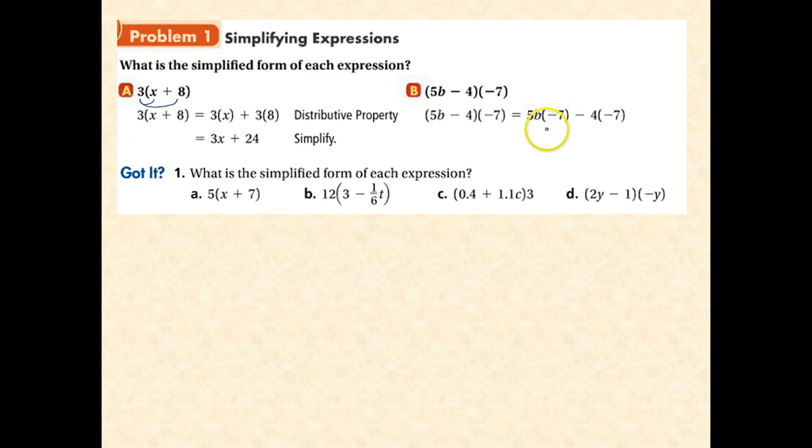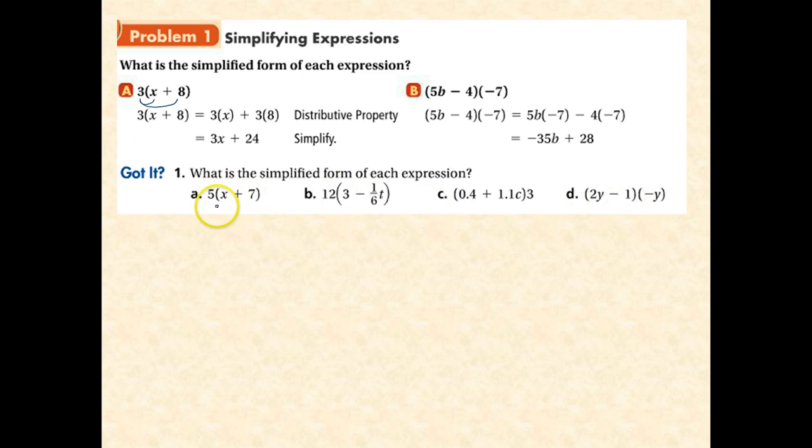So 5b times negative 7 would be negative 35b. And then negative 4 times negative 7, we're multiplying a negative times a negative, same sign, answer's positive, so it's going to be plus 28. Negative 35b plus 28. Alright, pause it and give yourself a chance to do these problems and push play when you're ready to see them solved.